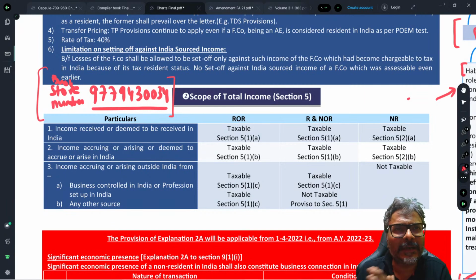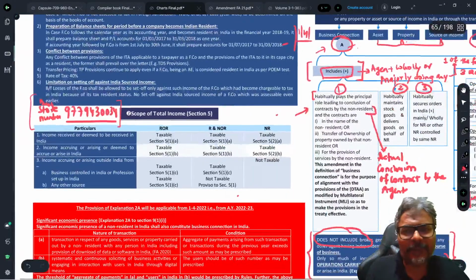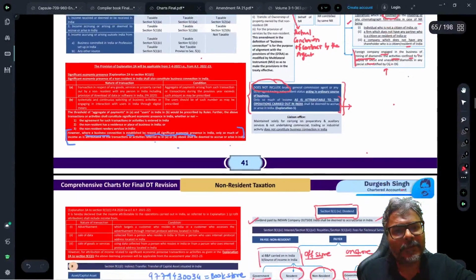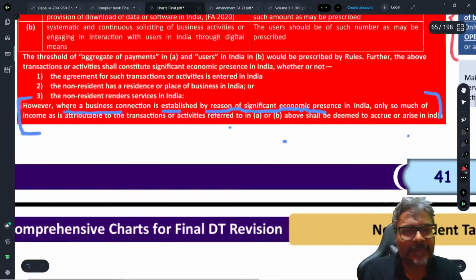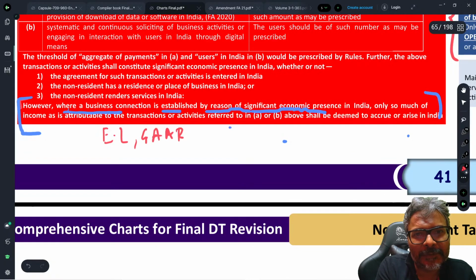Next Saturday, students, I think all of you are aware, our revision lectures are on Saturday and Sunday. Many students are asking what the target is for next weekend. I am going to start with trust taxation. Now if you want, I can do one thing. Saturday's class I will use for these topics: the equalization levy, the general anti-avoidance rule, the GAAR provision, and a theory topic.